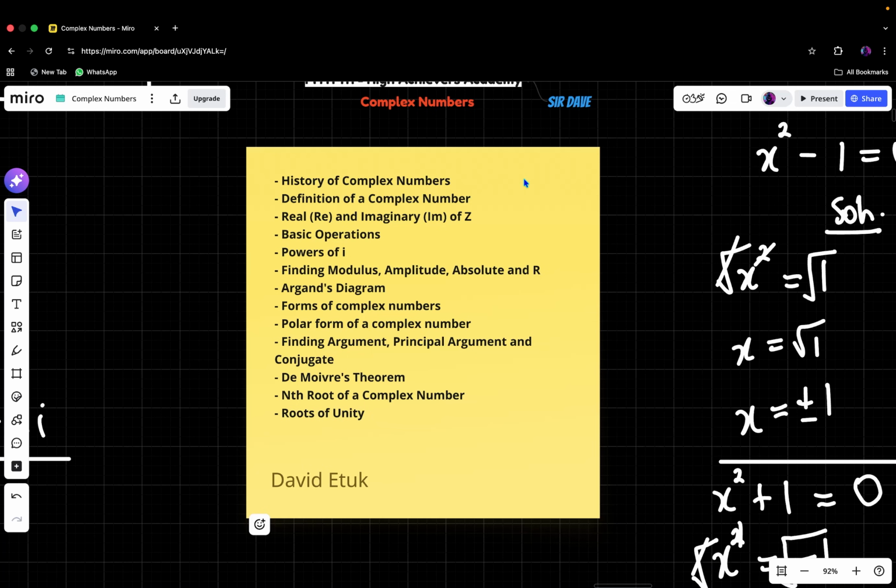A complex number contains a real part and an imaginary part. We talked about the real and imaginary of z. We saw some basic operations. And for now, that will be the end of today's lecture. And in the next video, we'll take a look at powers of i and the rest.